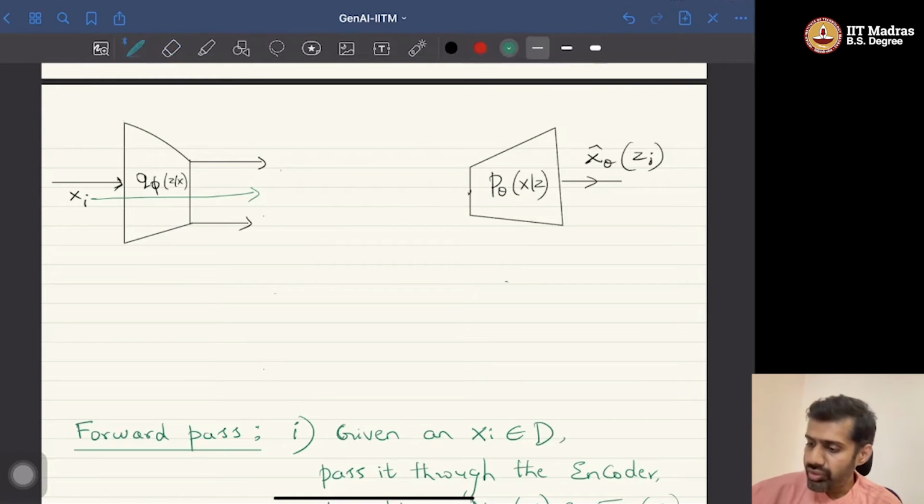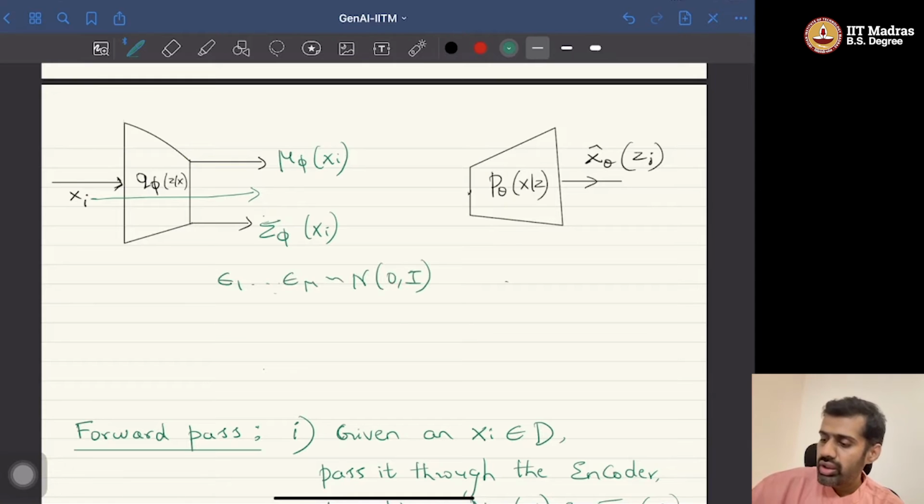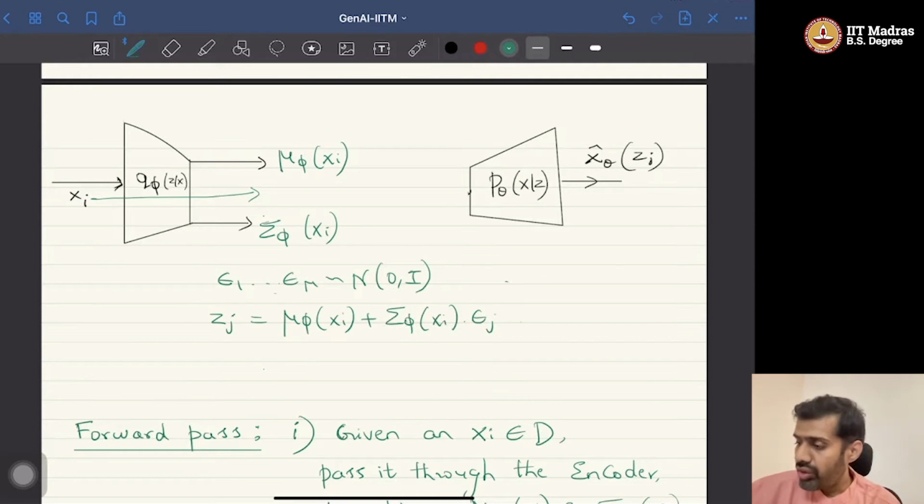All of these are forward pass, so we get mu phi of xi and we get sigma phi of xi. Once we get this, sample epsilon 1 through epsilon m from normal 0 1, and then we get zj equal to mu phi of xi plus sigma phi of xi times epsilon j, for j is 1 through m.